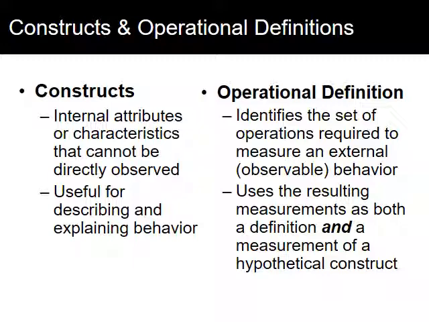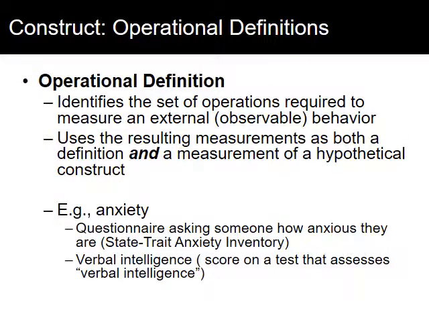So we talked about how if we wanted to measure anxiety, for example, we have to determine, or operationally define, precisely how we're going to measure it. In the case of anxiety, we'd administer a questionnaire, which essentially asks someone how anxious they are in many different ways. The most validated and highly used anxiety questionnaire is known as the State Trait Anxiety Inventory.